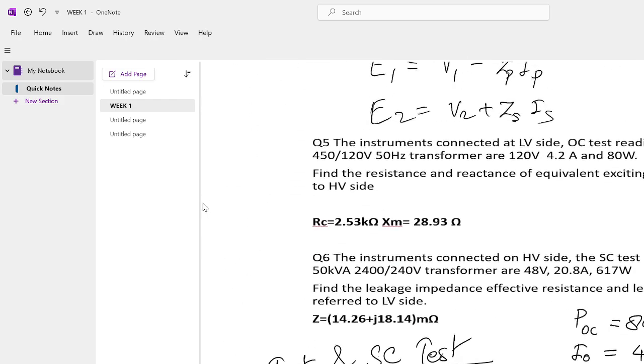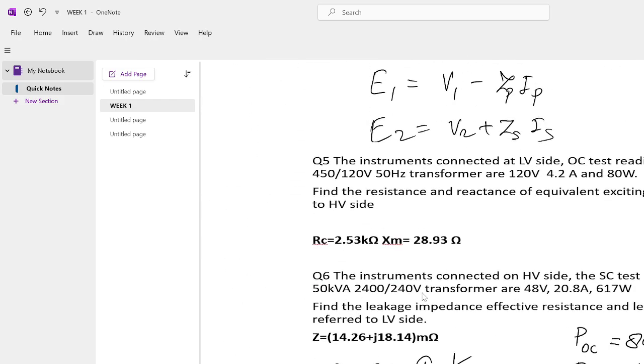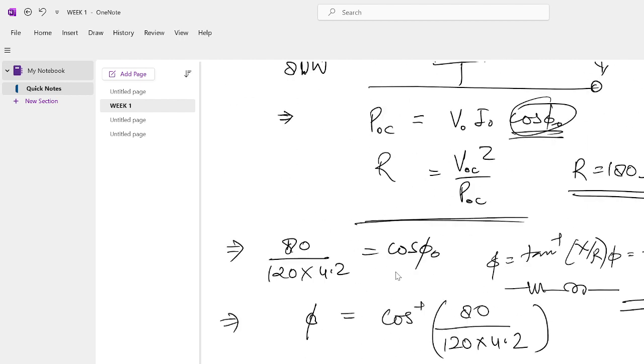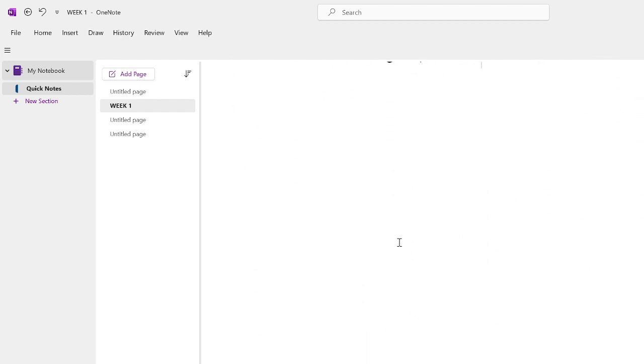So let me go with the next question, which is based on the short circuit test. So how do we perform a short circuit test? Sir, in the short circuit test, we short circuit the terminals at the low voltage side. Yes, exactly. And we connect all the reading meters at the high voltage side.